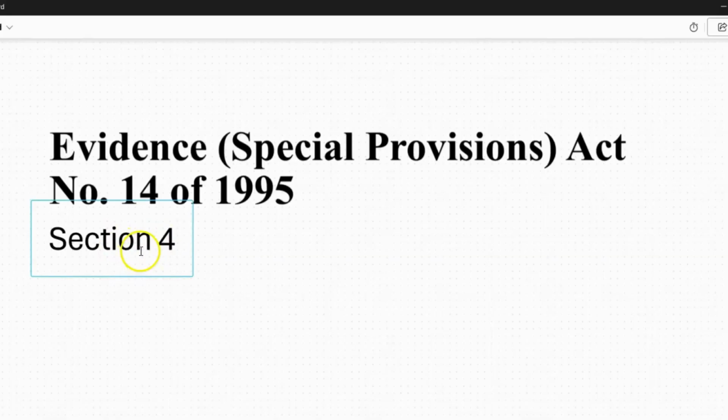This section says that audio recordings, video recordings, CCTV footage, phone recordings, and similar electronic recordings can be accepted as evidence in court if certain conditions are met.